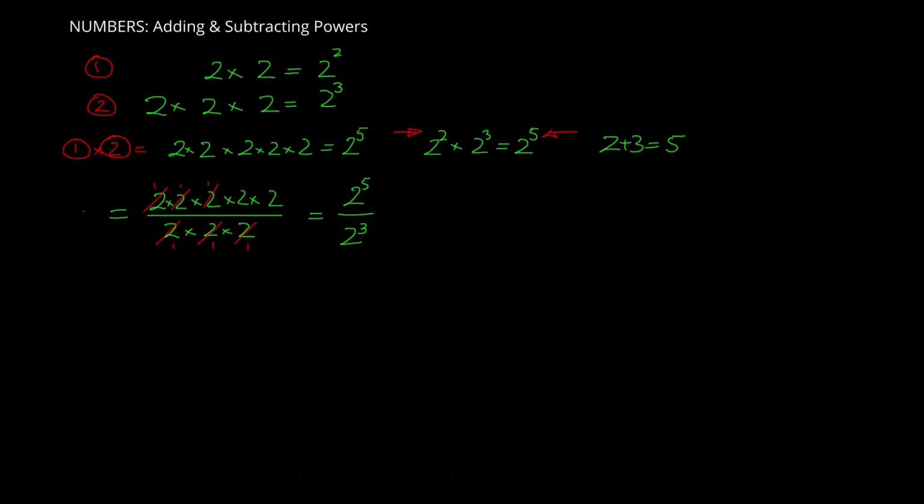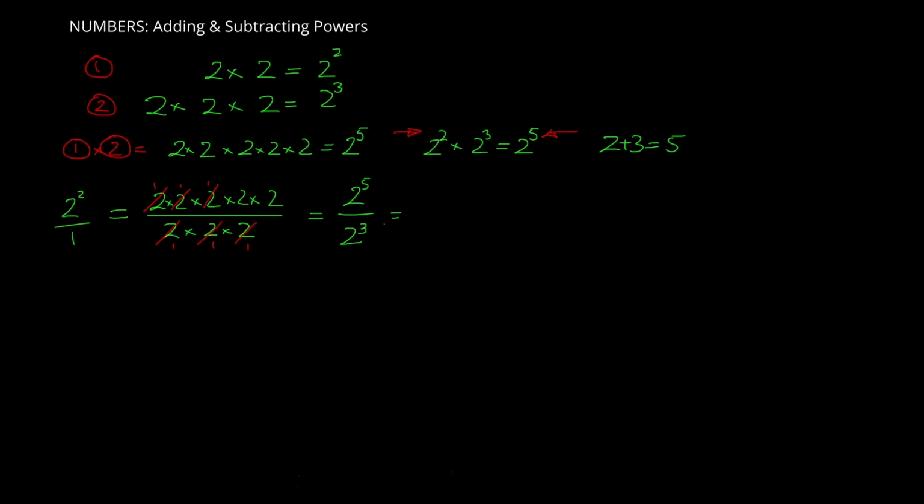Okay, what are we left with? Still working backwards. We've got 2 times 2 on the top, which is just 2 squared, and that's now divided by 1. There are no 2's on the bottom, they've all cancelled down to 1. So that answer is 2 squared. Now look to the right of the equal sign. 2 to the 5th divided by 2 to the power 3. Well, that's going to have to equal 2 to the power 2.